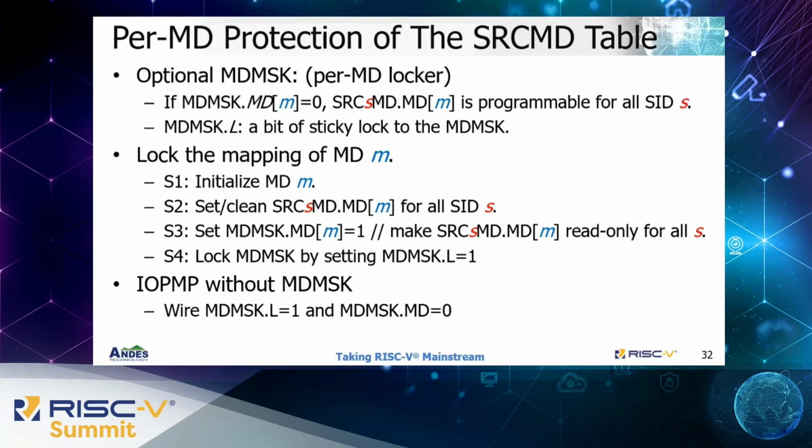Finally, we lock the mdmsk register by setting the L bit, which is the MSB of the mdmsk register. Practically, steps 3 and 4 can be done together. In case you don't implement this register, wire them to 0.